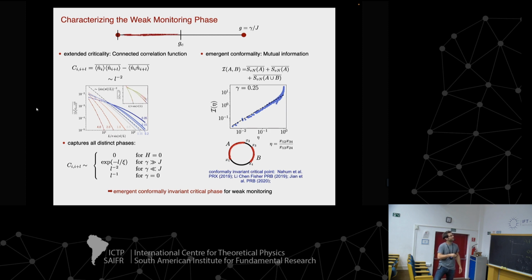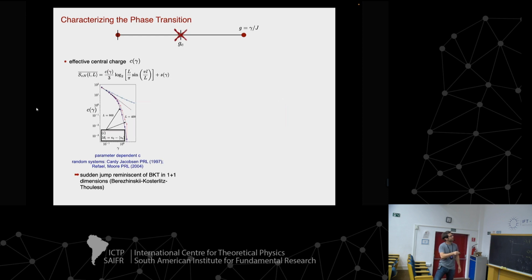I spare you the details on this, but when we now go for what can we say about the nature of this phase transition, then we have this observation here.